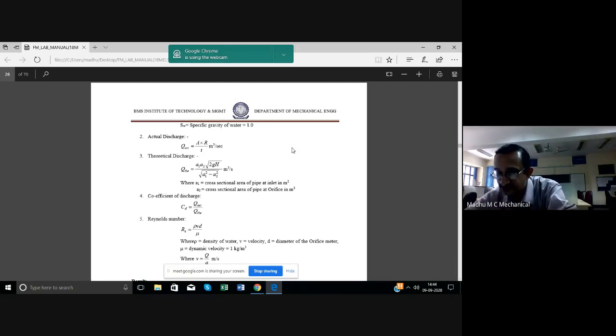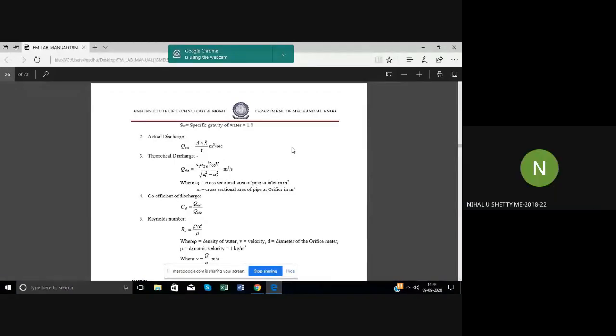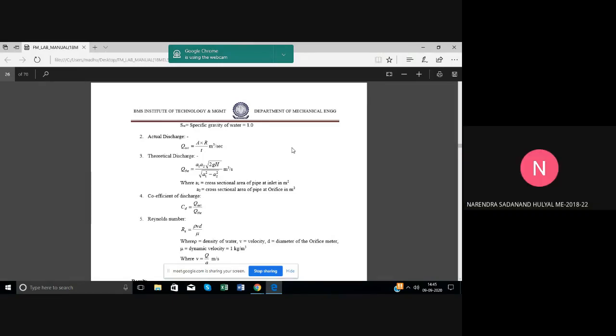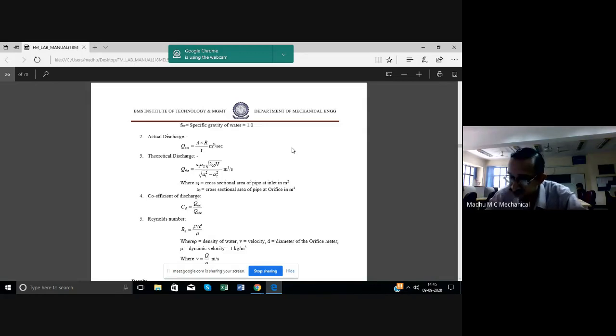Whatever you get, keep it in cubic meters per second. 3.07 into 10 power minus 4. Both are the same. So actually you got this.